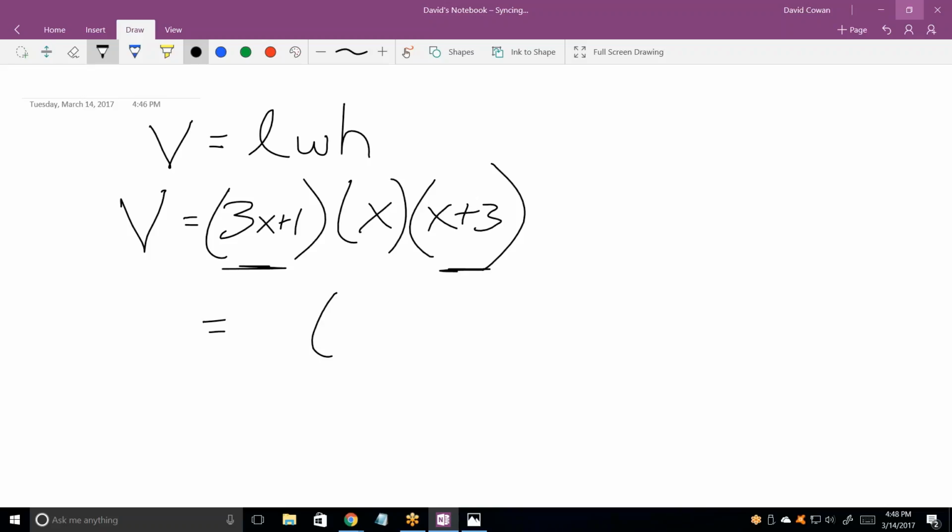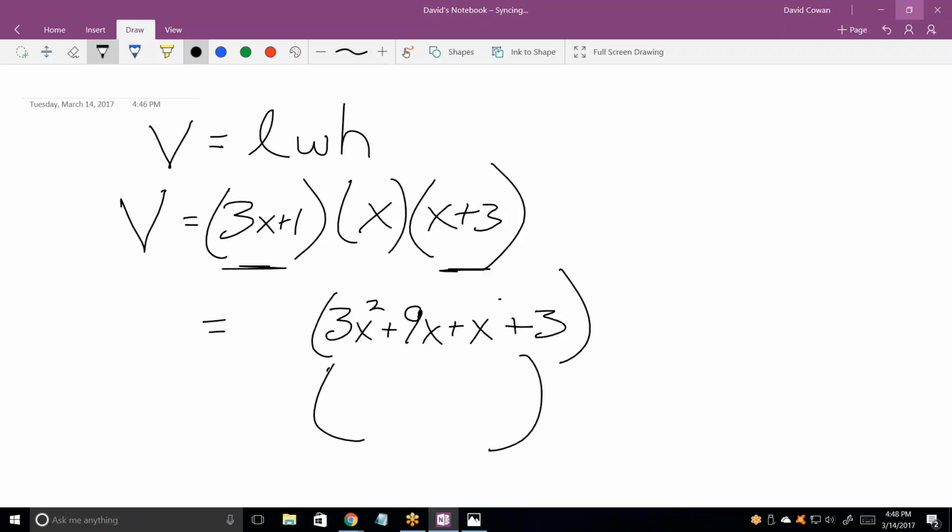You get 3x squared plus 9x plus 1x plus 3. Okay. Now simplify that.